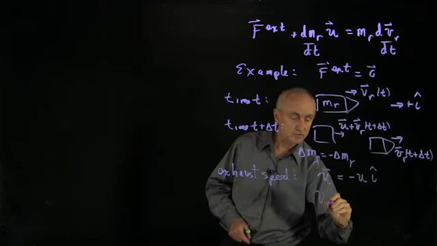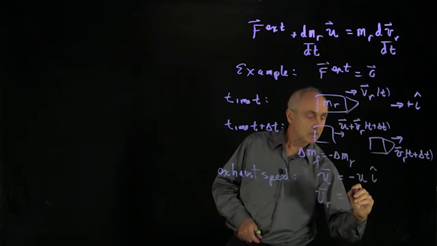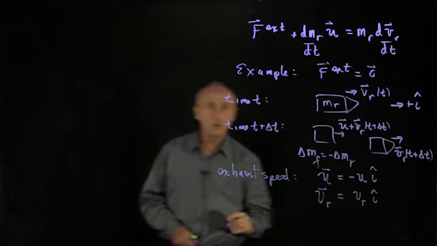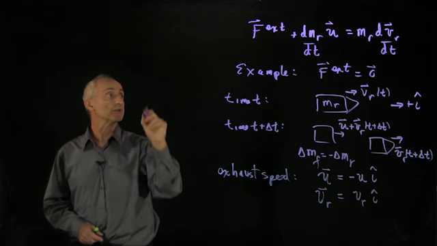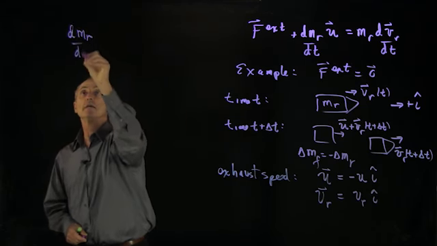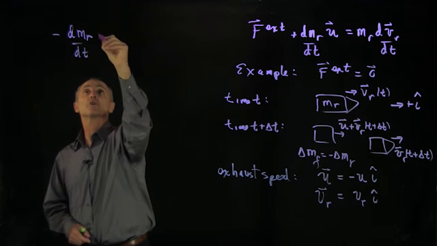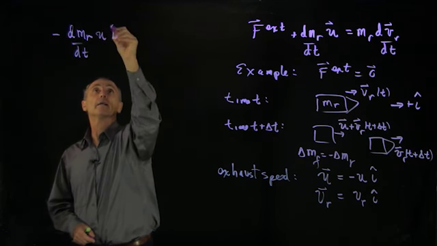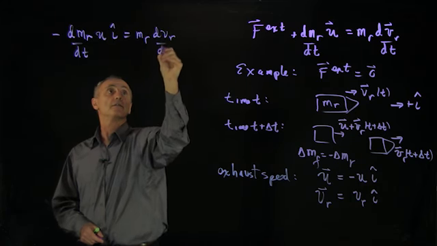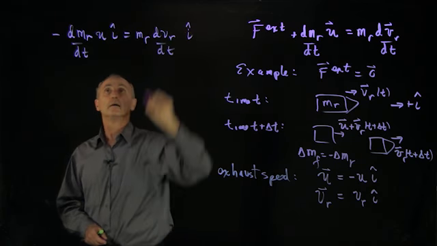And we can write our vector v_r as v_r i hat. So our rocket equation in this special case becomes dm_r/dt times minus u i hat equals m_r dv_r/dt i hat.